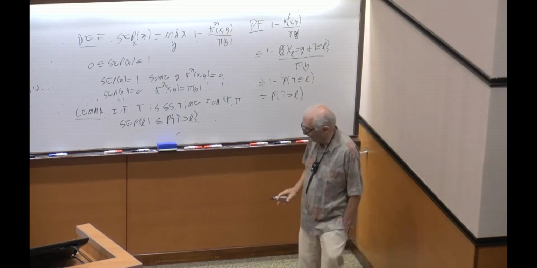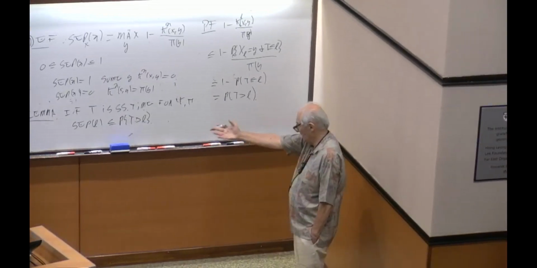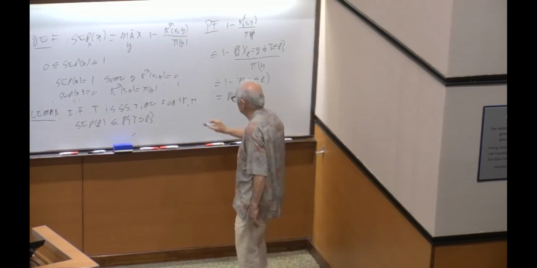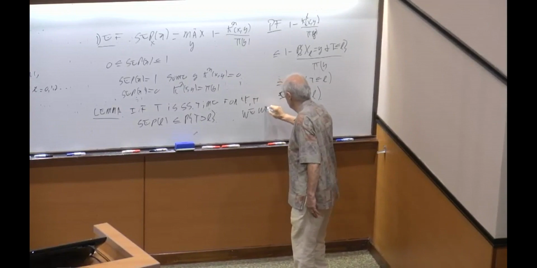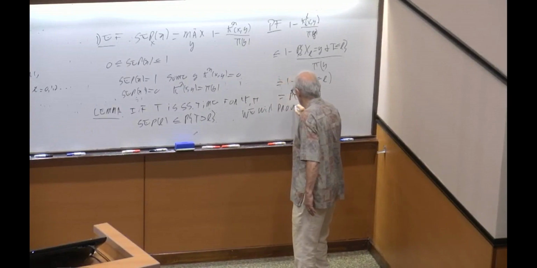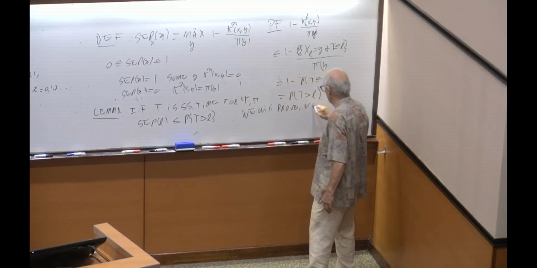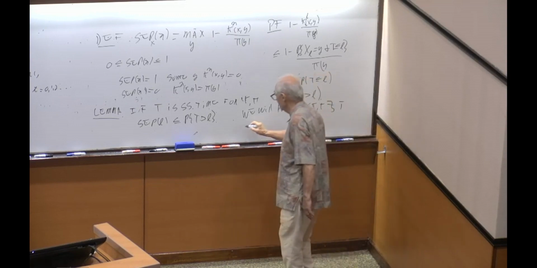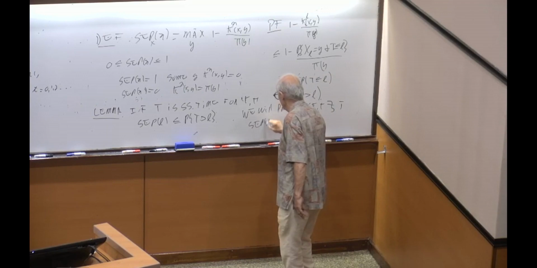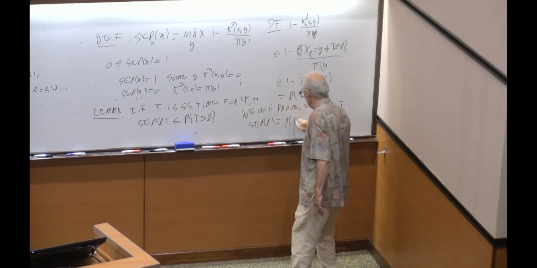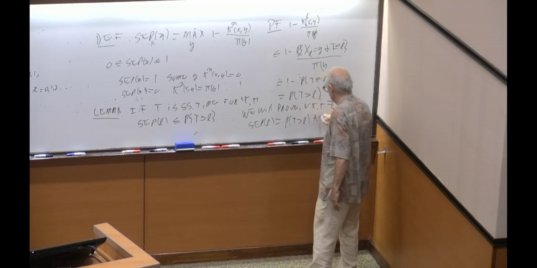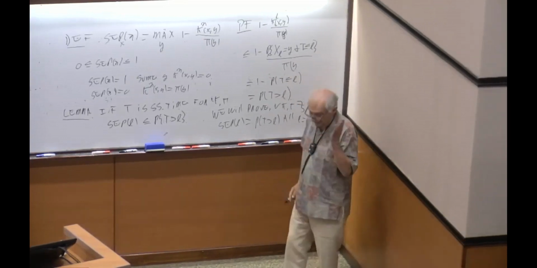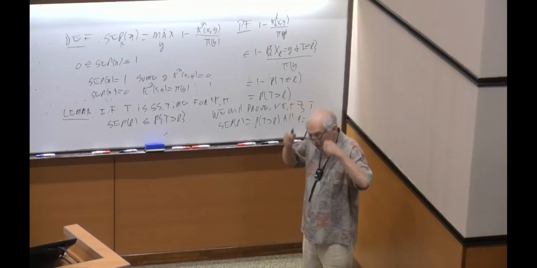So that's the inequality that I'm using, and we will prove that for every K and pi, there exists a strong stationary time T such that sep_L is equal to the probability that T is bigger than L for all L. So there always is a strong stationary time which achieves this bound.